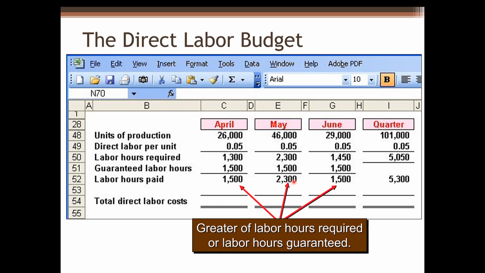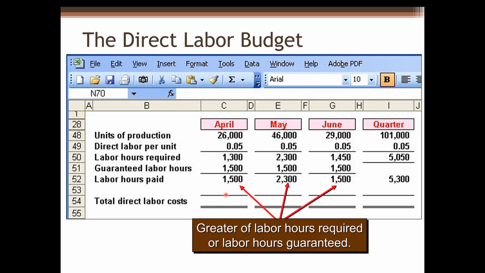And for May, because required labor hours are 2,300 hours, more than 1,500 hours, labor hours paid should be 2,300 hours. For the whole quarter, total labor hours paid should be 5,300 hours.